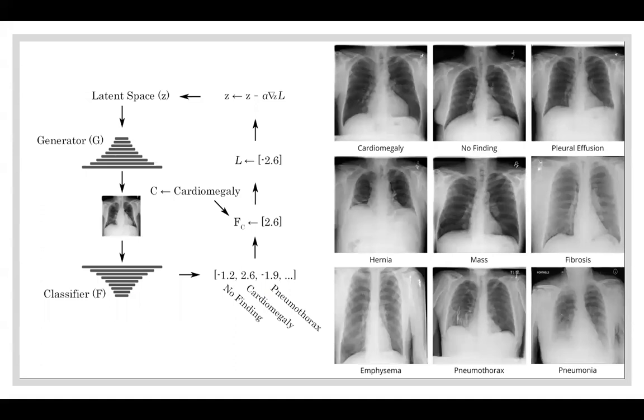So you've got this entangled representation in the generator that has all of those conditions on the right, and then you're using externally trained classifiers to tease out a representation for cardiomegaly, or a representation for pleural effusion, or a representation for emphysema. So what I understand you're doing is you're disentangling those representations. Is that a correct interpretation of that?